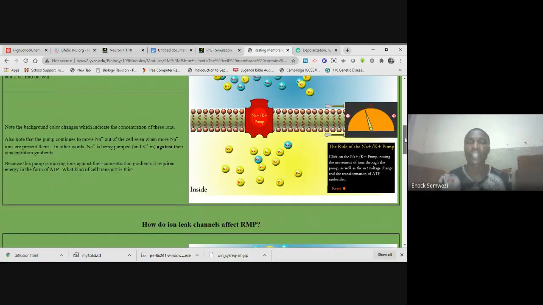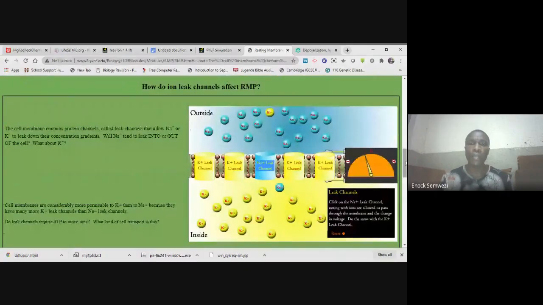Now, a full membrane has leakage channels, has the sodium potassium pump. It also has the gated channels. It has all that. But why is it that the inside is more negative and the outside is more positive? The key point here is that the membrane has more of the leakage channels of potassium than the sodium.